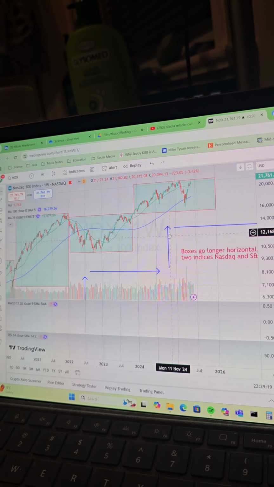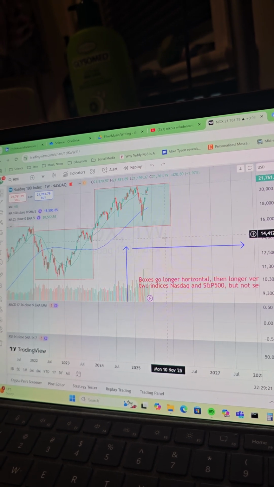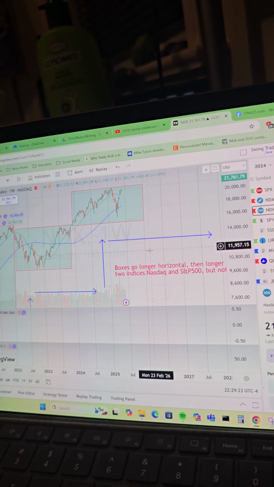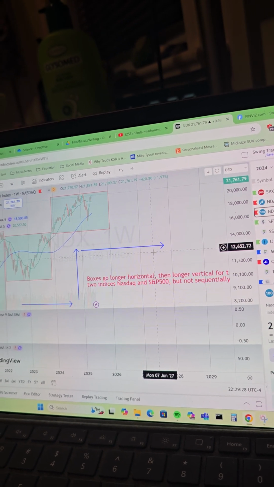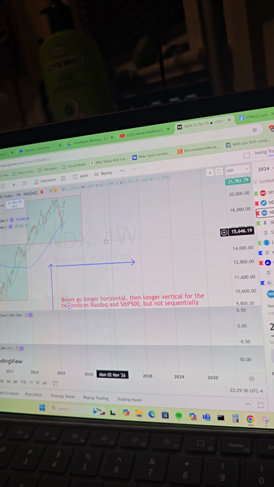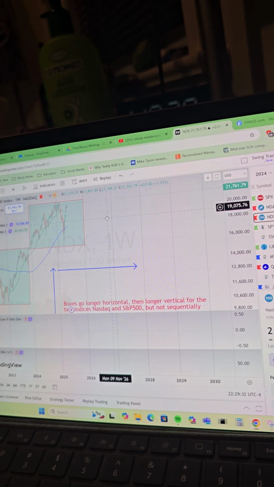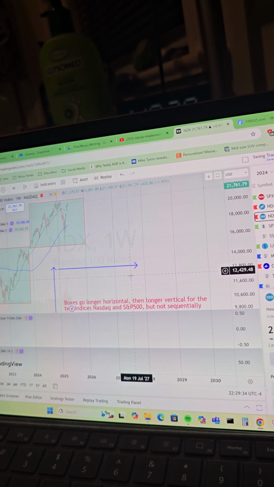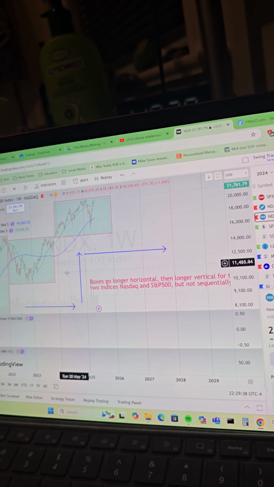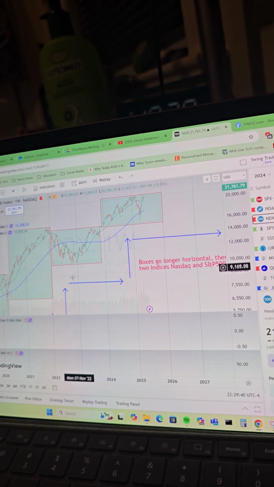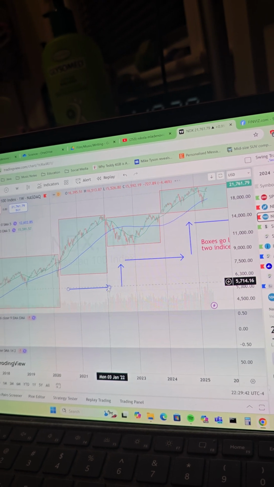Boxes go longer horizontal than vertical for the two indices, NASDAQ and S&P 500, but not sequentially. Whatever, so I'm just trying to make some general predictions for how the NASDAQ and S&P 500 run.